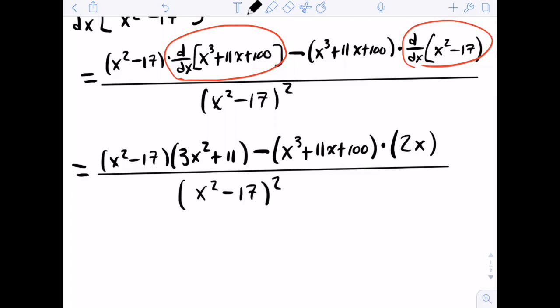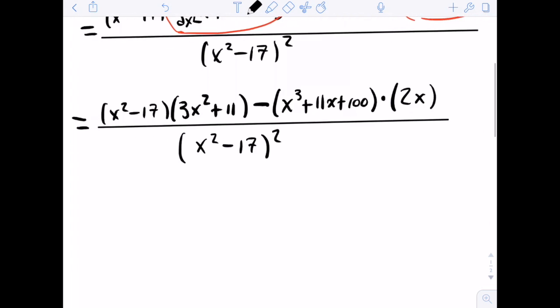So you could leave it like this if you wanted, but just for the sake of cleaning it up a little bit, we can expand the top and simplify it a bit. So we'll just do our distribution, right? We'll multiply that in, multiply that, and keep doing this distribution here.